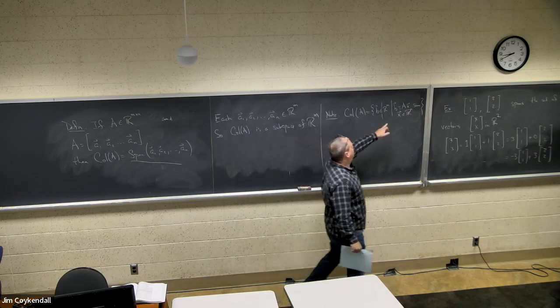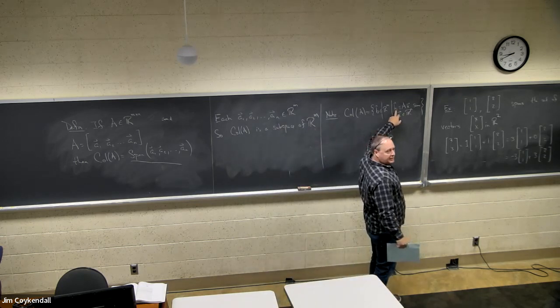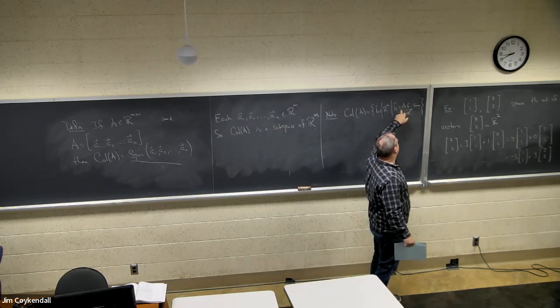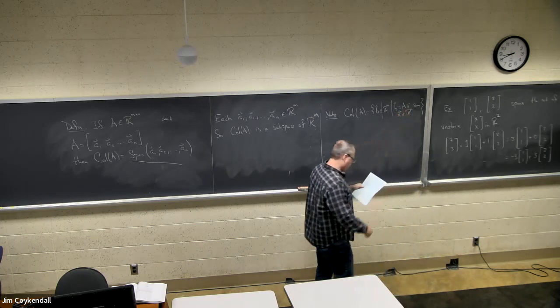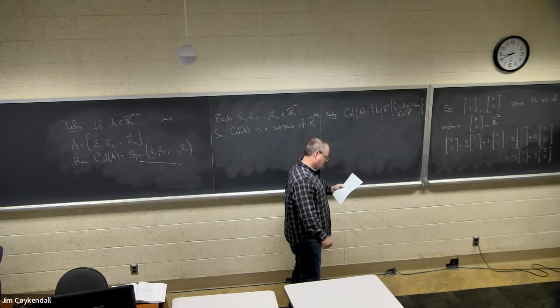Because notice that each b is actually a sum of the columns of A. So if b equals Ax, then b is in the column space, and conversely.